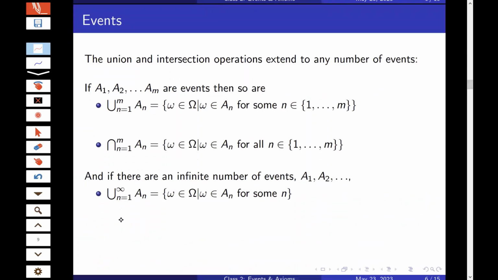First, we can define the union for infinitely many events. This means A1 union A2 union dot dot dot, continuing up to infinity, and the definition is still the same. The outcomes in Omega such that omega is in at least one of the events A1 to infinity.